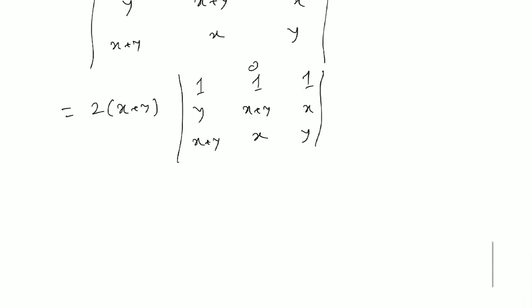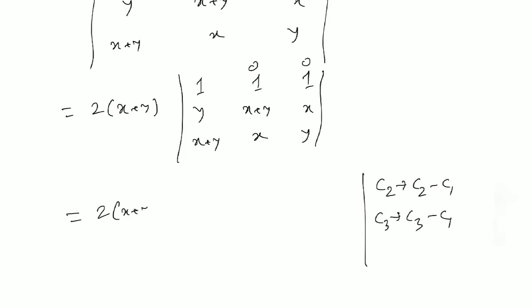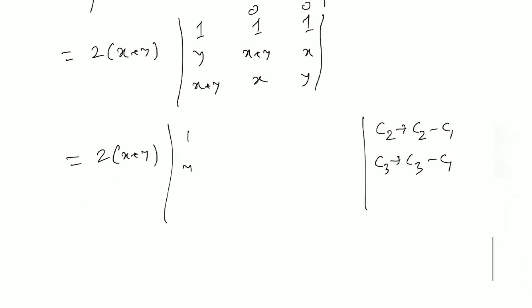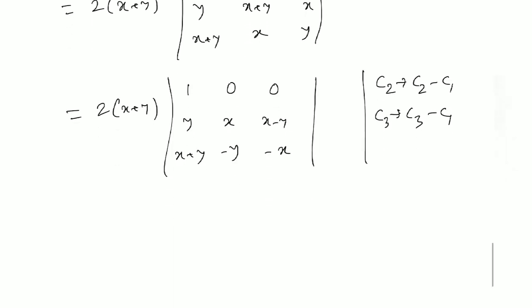Now what do you need to do? You have 1 1 1 up there. You just have to subtract them to convert them into zeros. C2 changes to C2 minus C1, and C3 changes to C3 minus C1. Then 2 into x plus y, and C1 will remain the same.